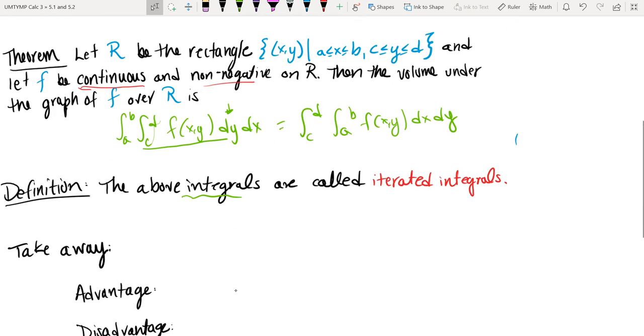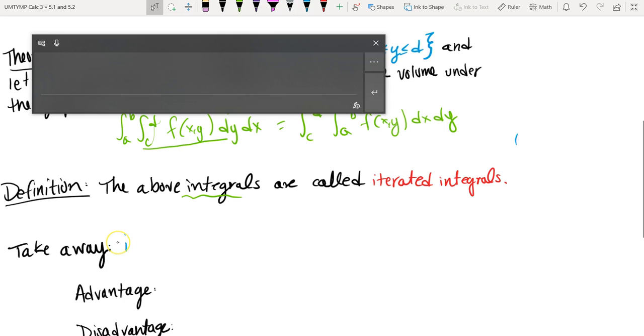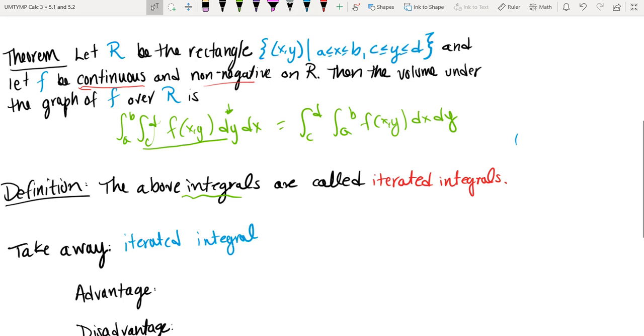Okay, so takeaway. You can use iterated integrals, and the nice thing about these, at least if you're using Cavalieri's method, is that they are easy to compute, because these generally are nice continuous functions, so finding the antiderivatives is easy.